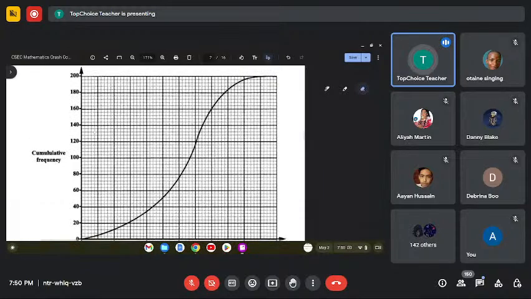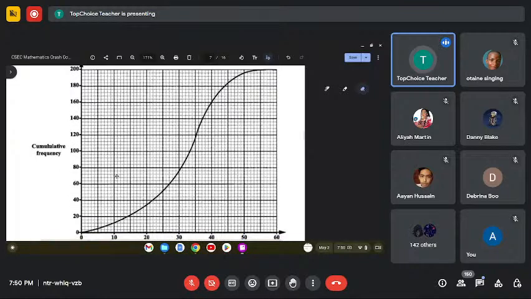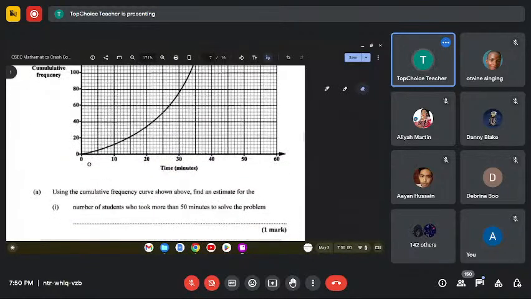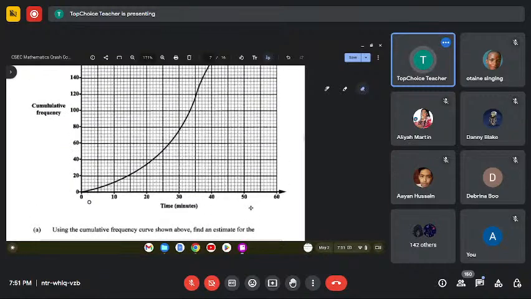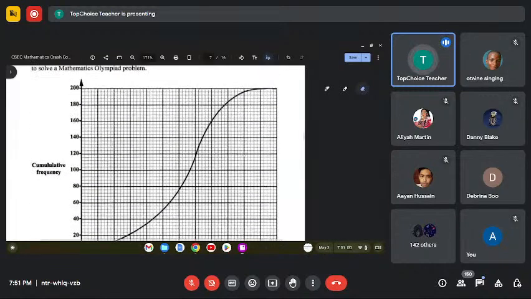That's how we read this cumulative frequency curve. So the first question: what is the number of students who took more than 50 minutes to solve the problem? How do we find it? We look at 50 here, we scroll up, and we read off the value over here.